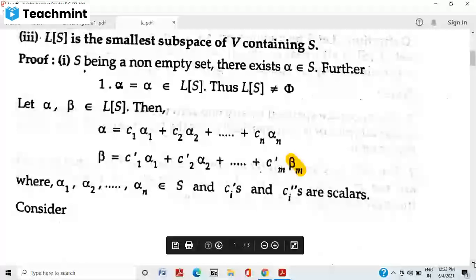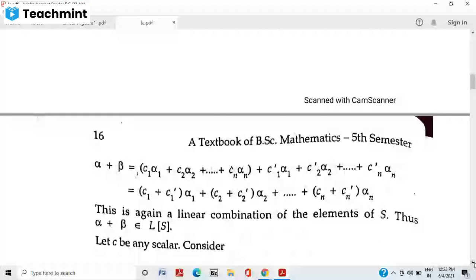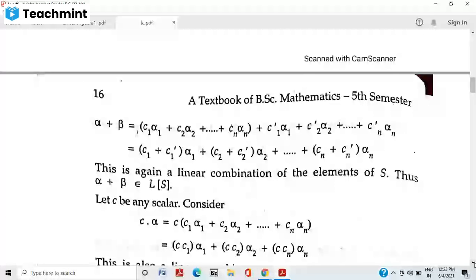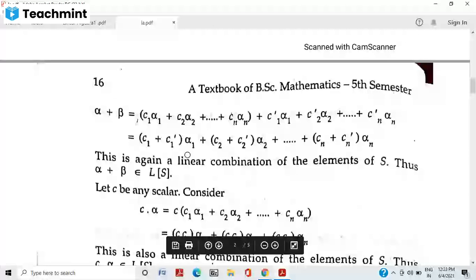We consider alpha plus beta. We have to add the first element and the second element. The first element has alpha 1 here, and here also alpha 1 is there. But what is the coefficient? Here C1, here C1 dash. Then C1 plus C1 dash times alpha 1.